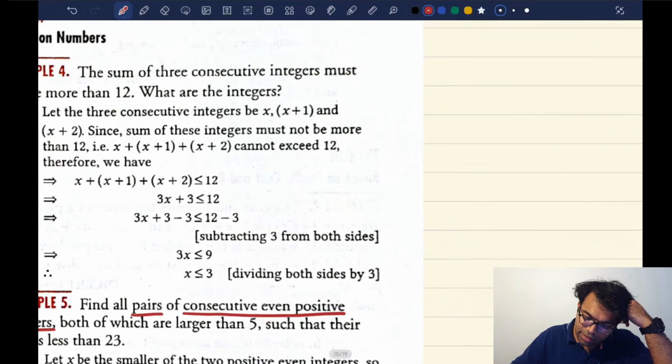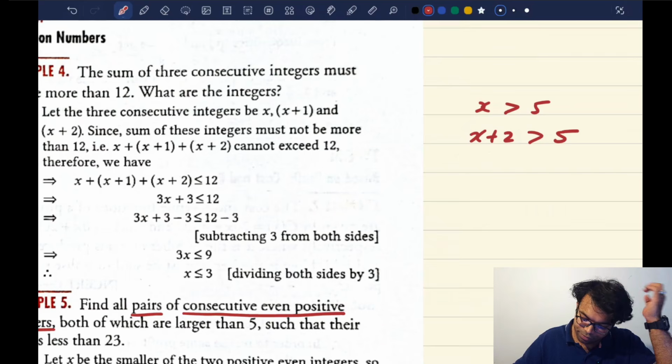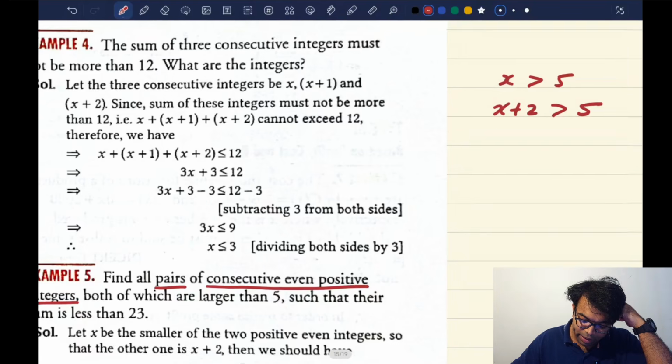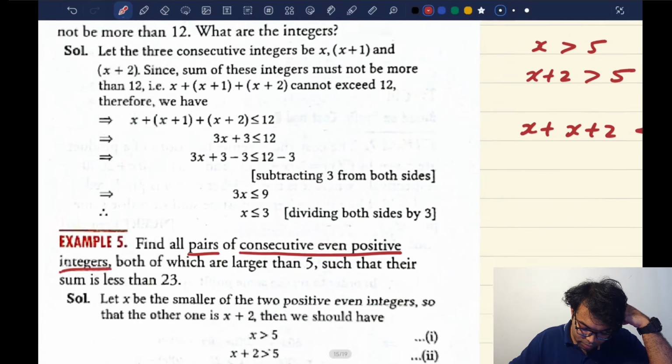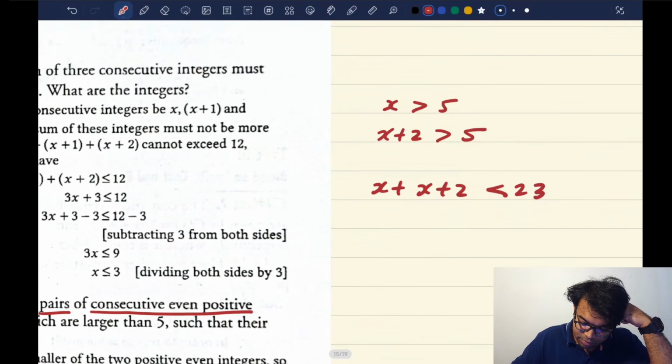You can write it as x is greater than 5 and x plus 2 will also be greater than 5, where x is an even number. Their sum should be less than 23, that is x plus x plus 2 should be less than 23.